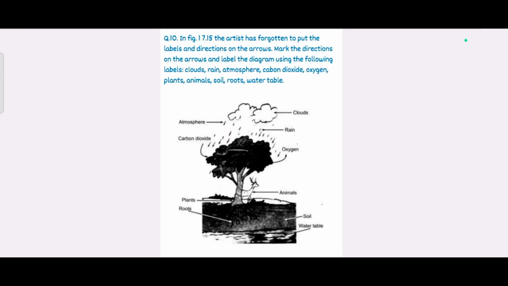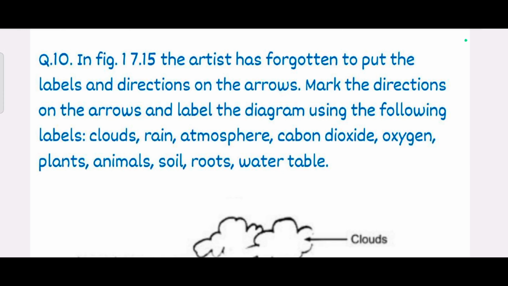Now we will start question number 10. In figure 7.15, the artist has forgotten to put the labels and directions on the arrows.